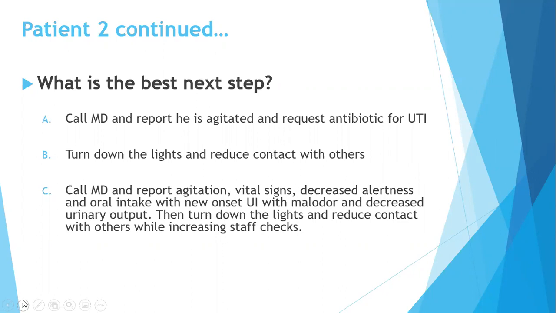Then we turn down the lights, reduce contact with others, and keep a closer eye on him while waiting to hear what the doctor has to say. So without further ado, the answer is letter C.